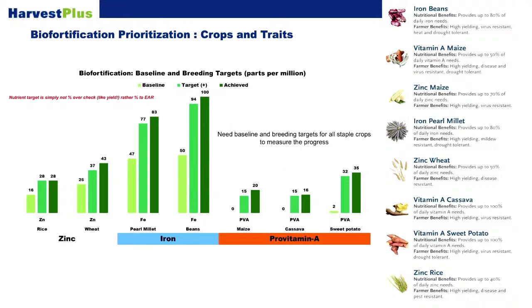So the light green is what you could expect of farmer-grown varieties 20 years before. The middle bar is the fixed target the breeder has to achieve, with all the resistance and all the challenges of production, to reach this level of nutrient in a given country with that program. And the green ones show that, as a network partnership, the product finally achieved that level. 20 years back this was impossible.